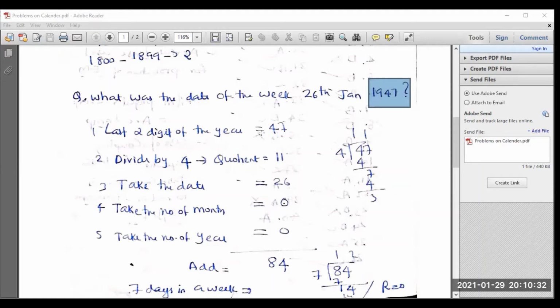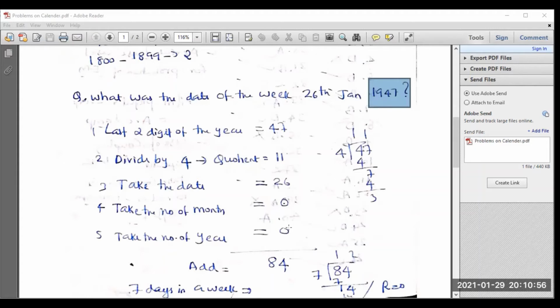What you can do is, last two digits of the year 47. Then after division, you have noted down the quotient, that is 11. Then the date you have noted down, that is 26. Then you have found the number corresponding to January month, that is of course 0. And also you have computed the number corresponding to the year, that is 1947.